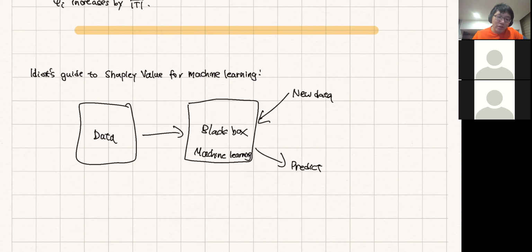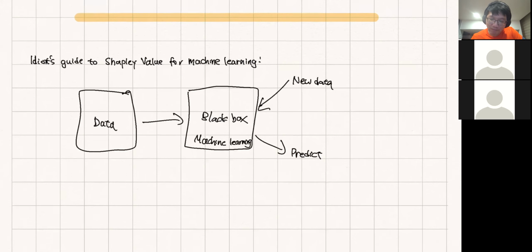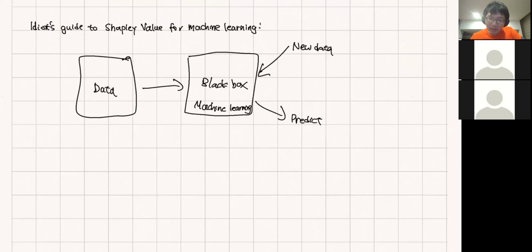And then I give you another house with new data. And then the black box will use the data they have been trained with to predict what the actual price for this new house would be. Okay. And that is a very primitive description of machine learning. If you actually know machine learning, you can laugh at me. It's okay.